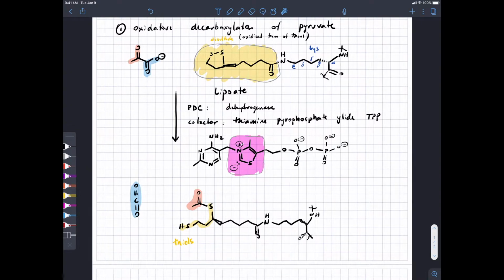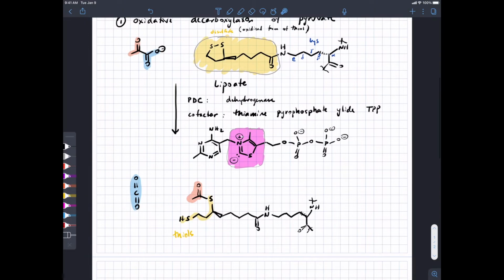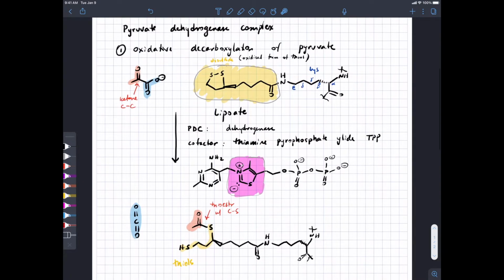But then look at what happens here. You used to have a ketone with a carbon-carbon bond, and now you have a thioester with a carbon-sulfur bond. So the orange portion gets oxidized, the yellow portion gets reduced. Okay?